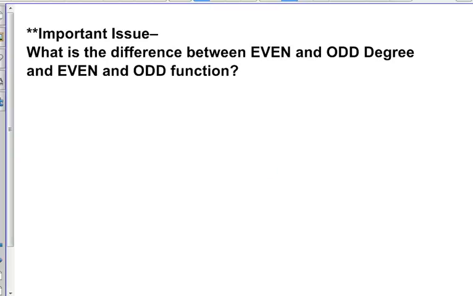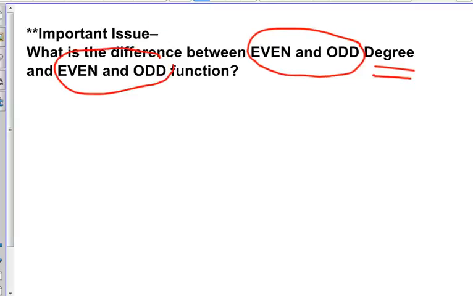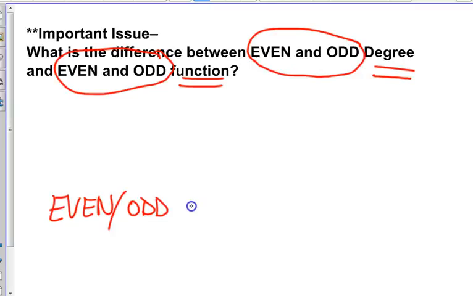Now we need to talk quickly about the difference between even and odd degree, even and odd function, and I'm going to throw in here at the same time, to try to save time, even and odd multiplicity. All right, this is the deal.